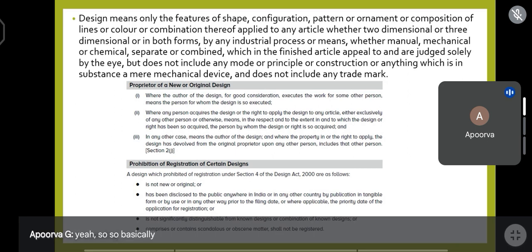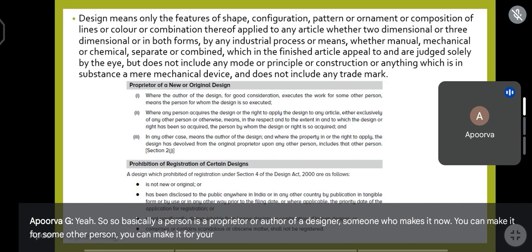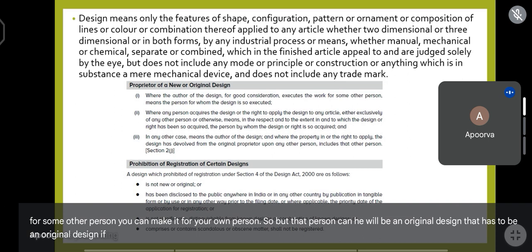So basically the proprietor or author of a design is someone who makes it. You can make it for some other person, or you can make it for yourself. But that has to be an original design if it has to be registered under the IP.